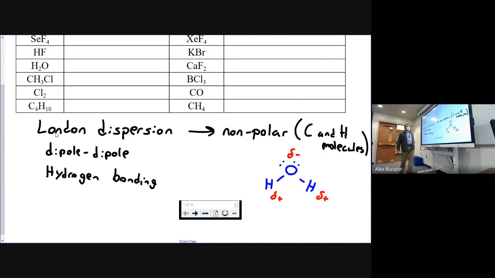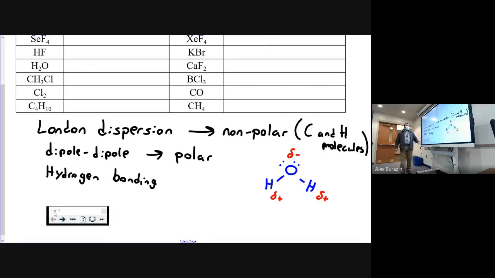Dipole-dipole forces happen with polar molecules. Now, hydrogen bonding is also polar molecules, but we need a special thing to also be there.